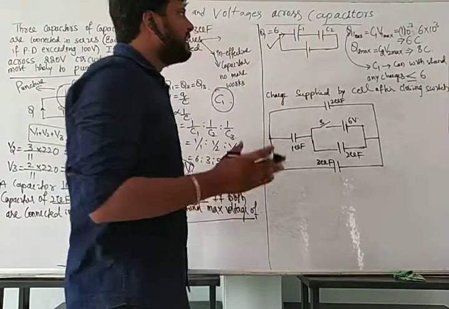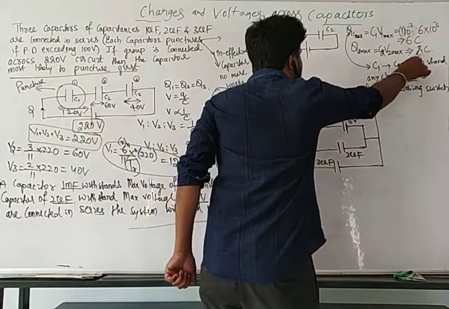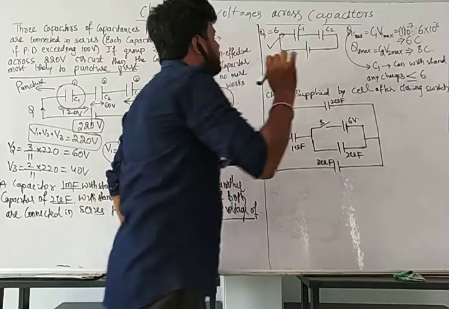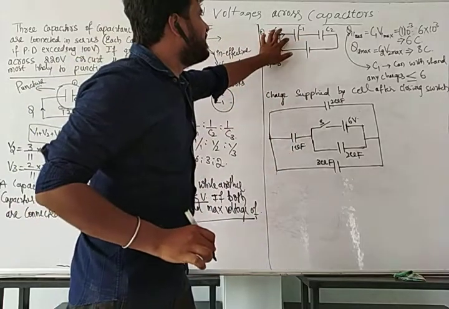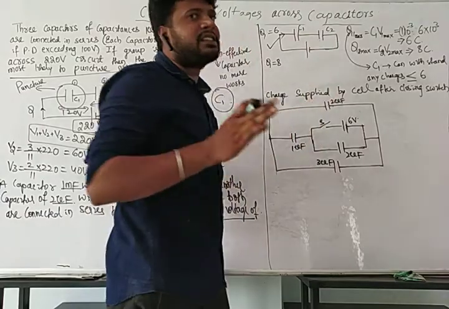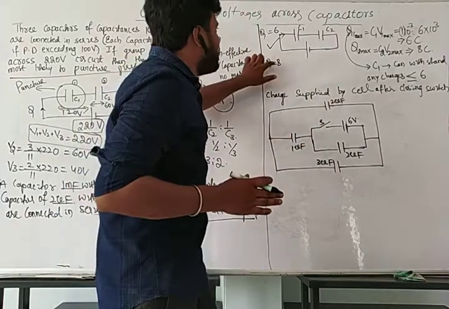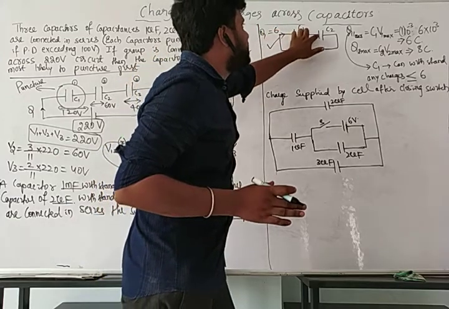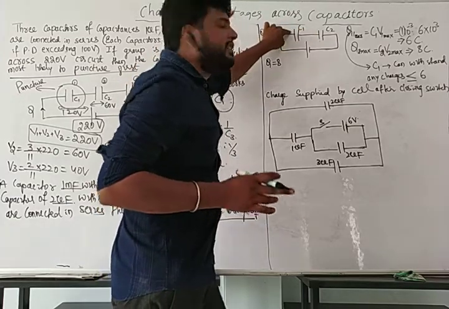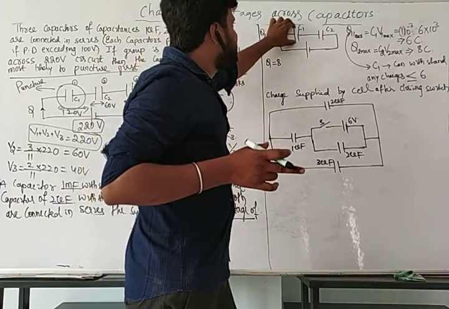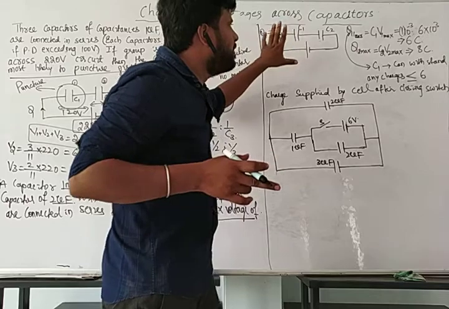Okay. We'll consider the second condition where the charge is 8. Consider Q equals 8. What happens? What about Q1 here? Q1 value is 6. It can withstand only 6 coulomb. But according to this condition, the same charge has to flow in C1 and C2, which makes C1 not working, ineffective. It cannot hold these charges. It means this circuit won't work.